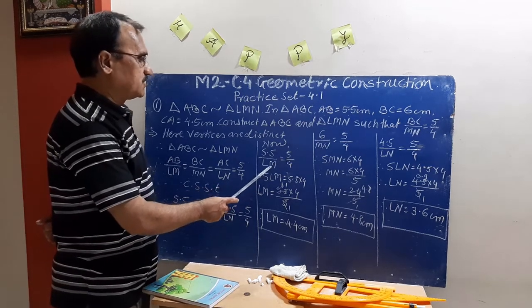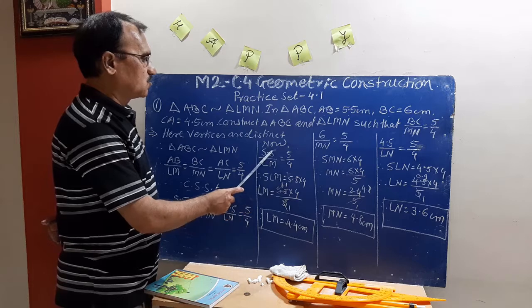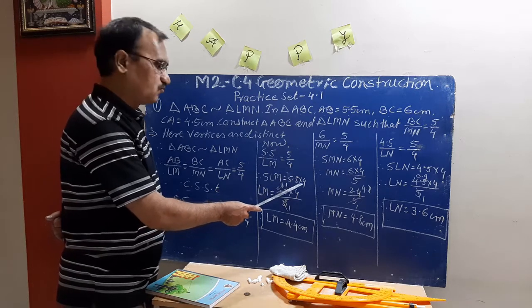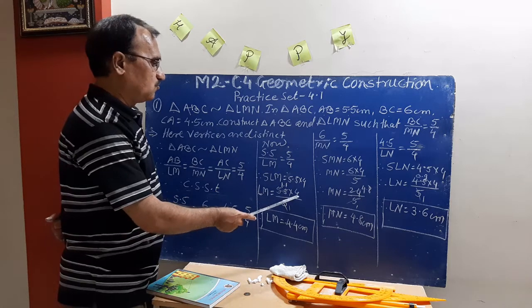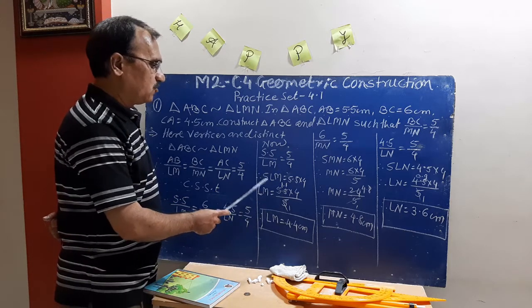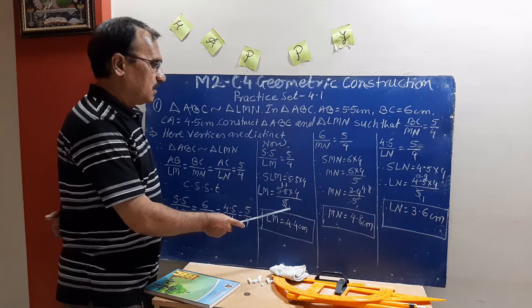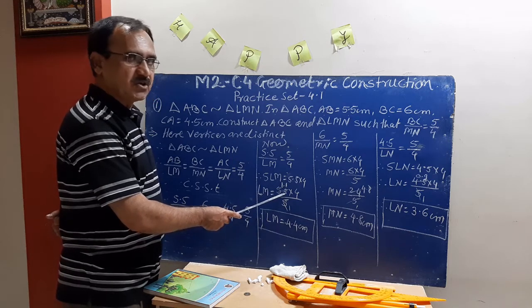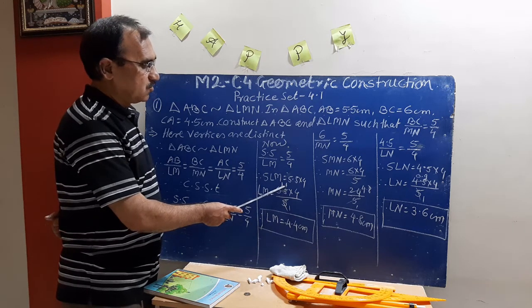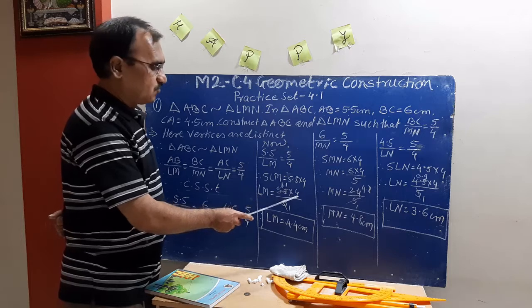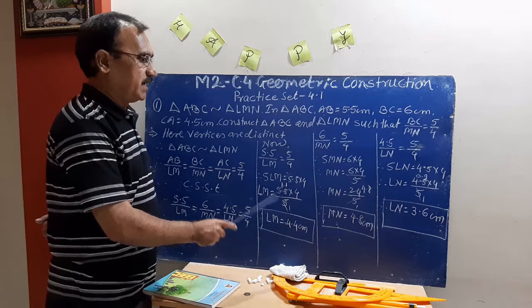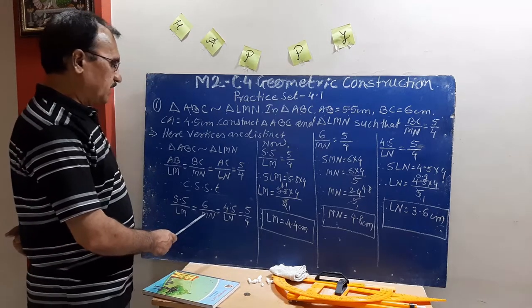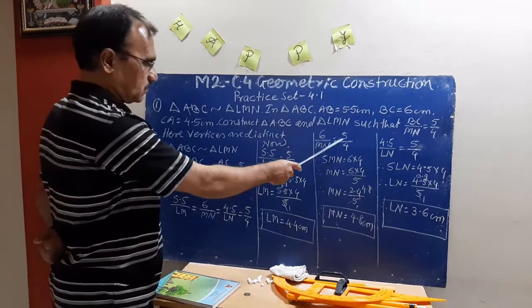After cross multiplication we get 5 LM is equal to 5.5 into 4. LM is equal to 5.5 into 4 upon 5. Take 5 on that side, it becomes divide. 5 11s are 55, but there is one decimal point, 1.1, and 11 4s are 44, that is LM is equal to 4.4 centimeter.